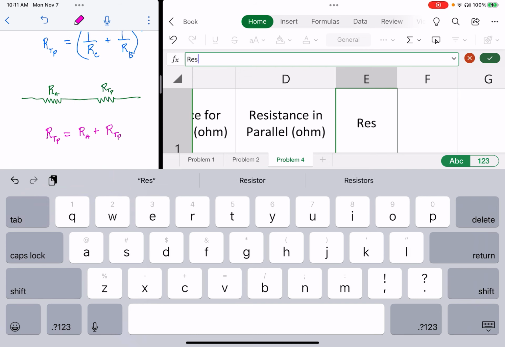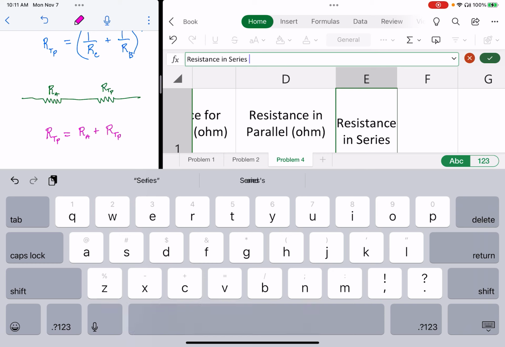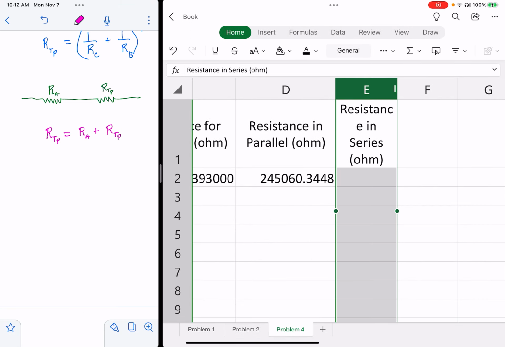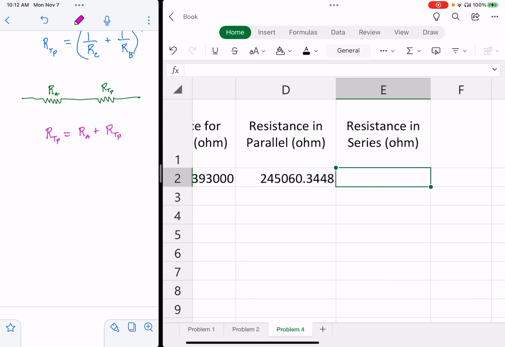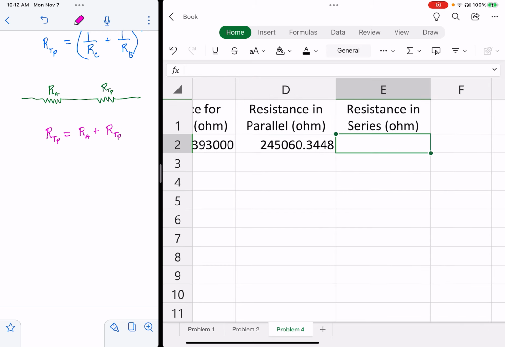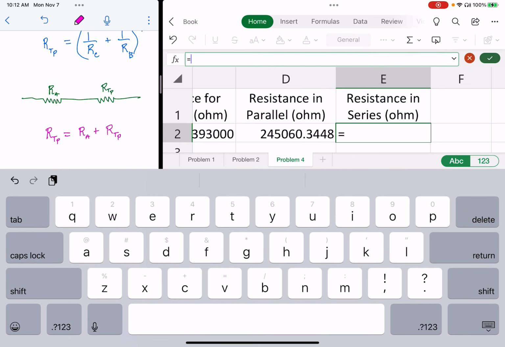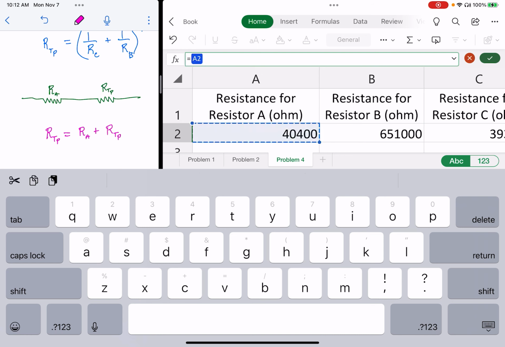If you remember, we are moving down to this type of circuit, so our resistance in series. This is going to be in ohms. Even though I'm saying ohms, we do not put the S there, because that'll be an ohm times a second, and that can be confusing to your readers.